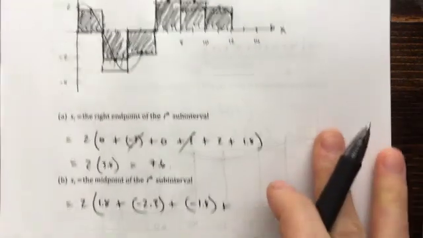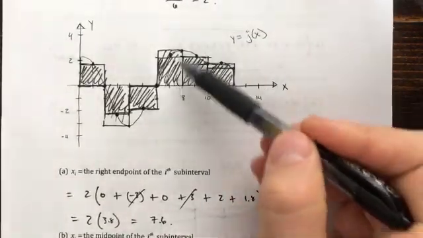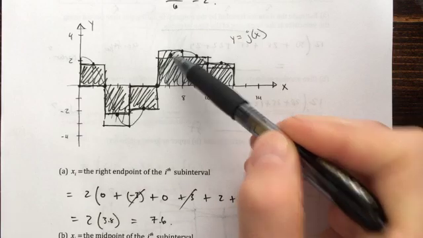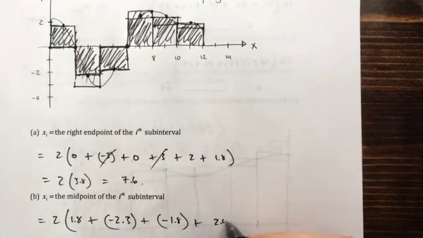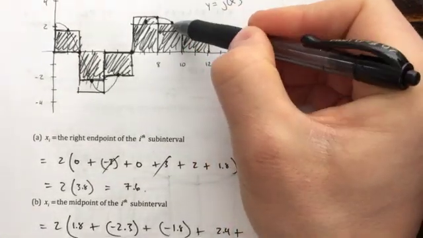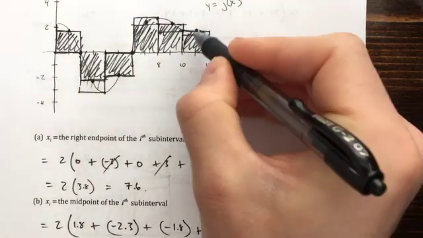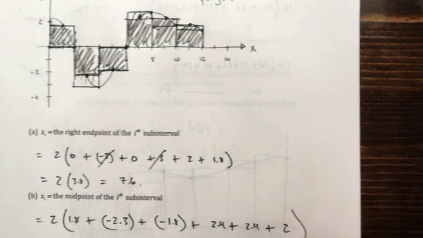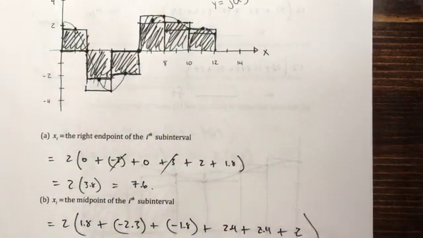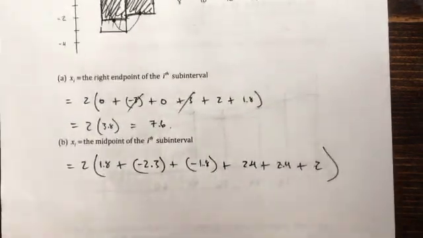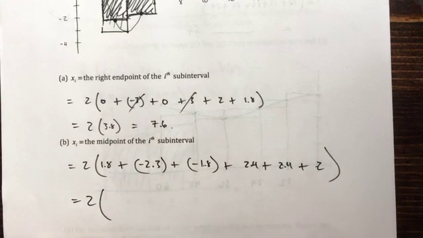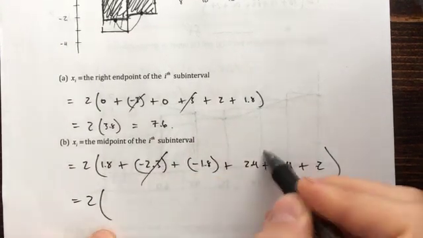This one up here looks like it is at about 2.4 or something. And then we've got maybe another 2.4, and finally a 2 or something. 1, 2, 3, 4, 5, 6. Should have 6 heights.